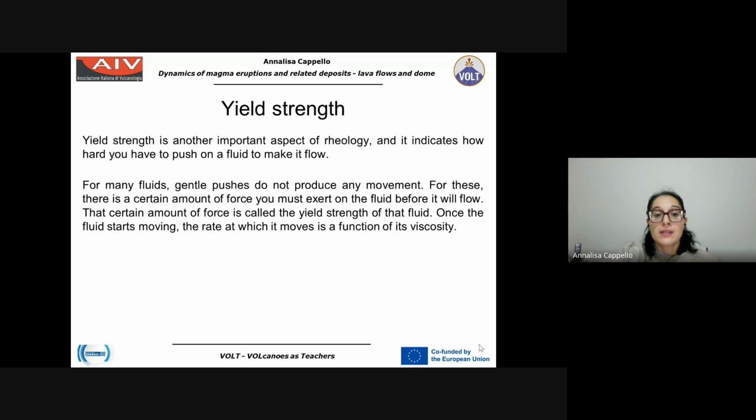For many fluids, gentle pushes do not produce any movement. So there is a certain amount of force that should be exerted on the fluid before it flows. This certain amount of force is called the yield strength of that fluid. Then, once the fluid starts moving, the rate at which it moves is a function of its viscosity.